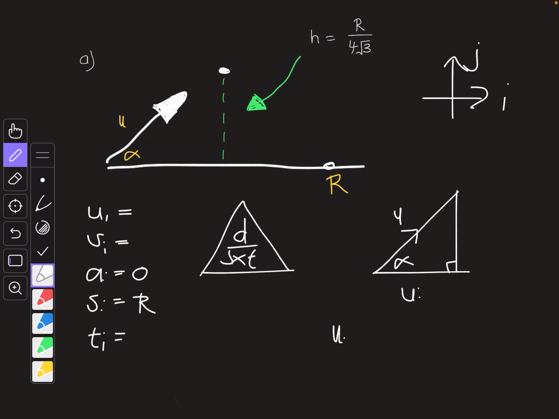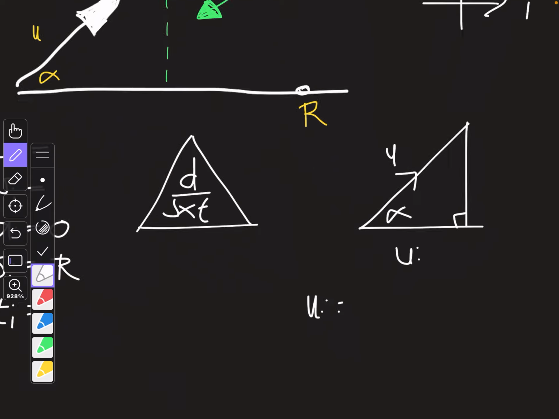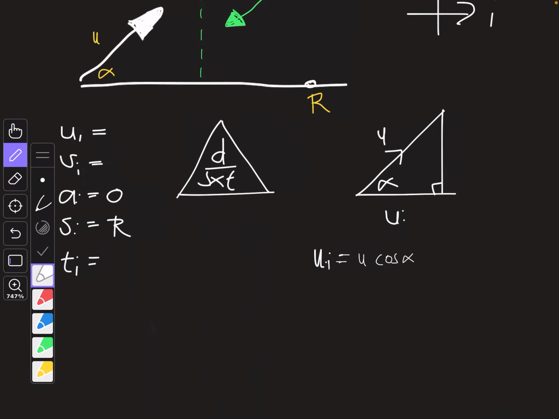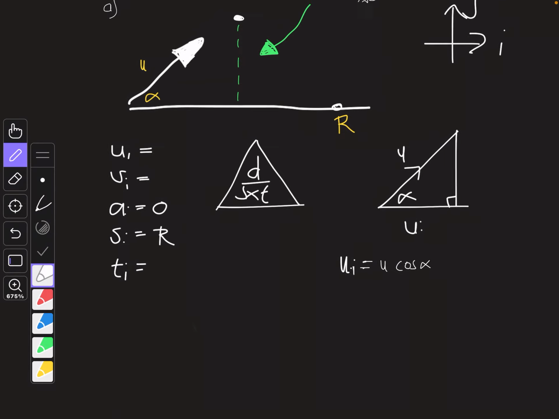So ui is going to equal u cosine alpha. So we've got the ui, the time is t, we don't know anything else, and the distance is r.